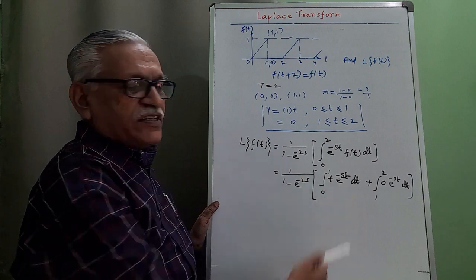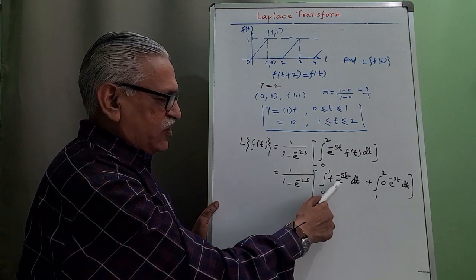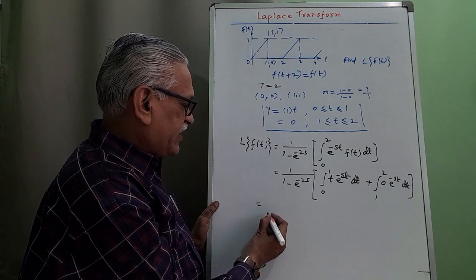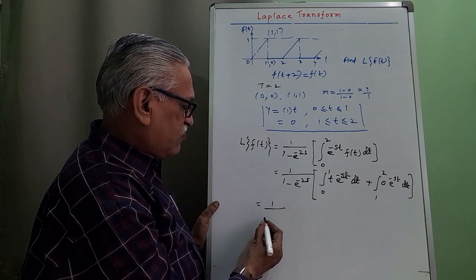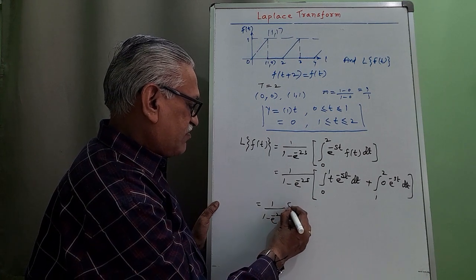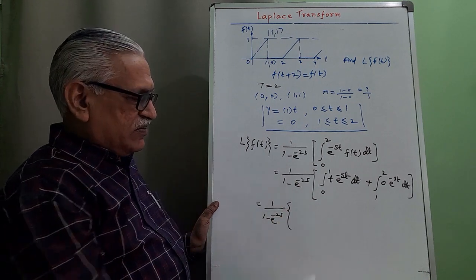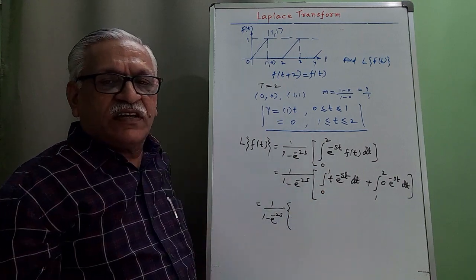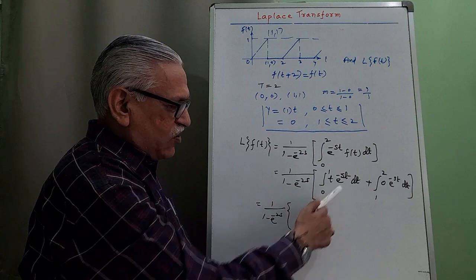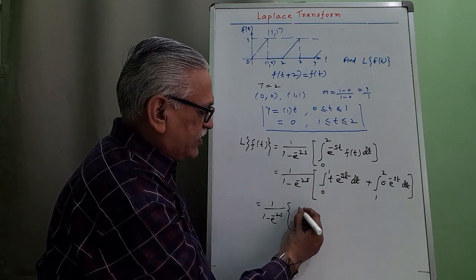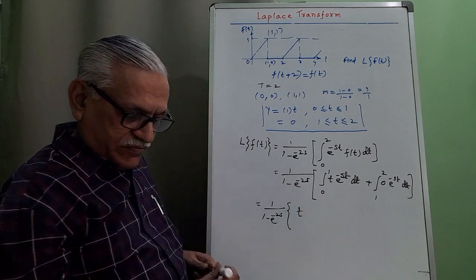Then performing the integration by generalized parts, as we have a product of two terms of t. Therefore, integrating by generalized parts, 1 upon 1 minus e raised to minus 2s. t is an algebraic term, e raised to minus st is an exponential term. Therefore, as per the order LIATE, algebraic comes first. Therefore, we consider the first term as t.